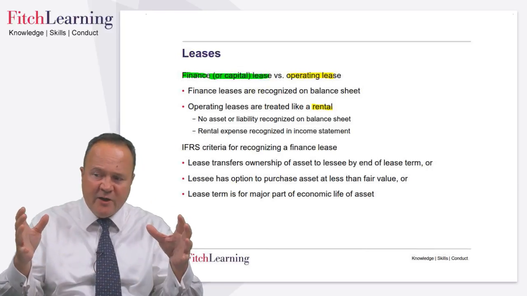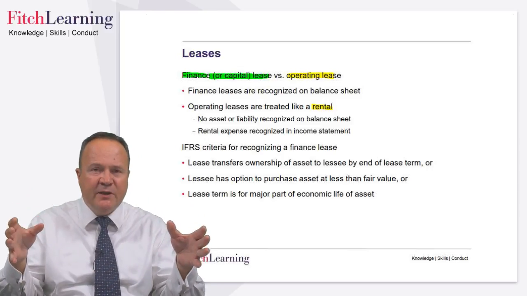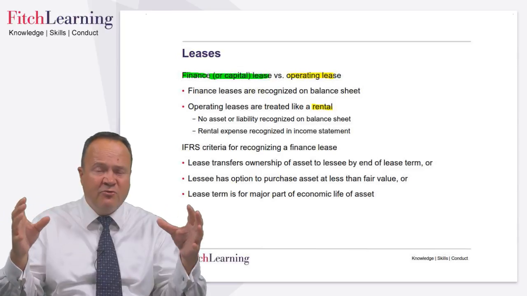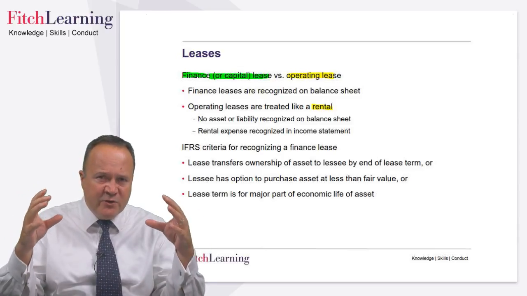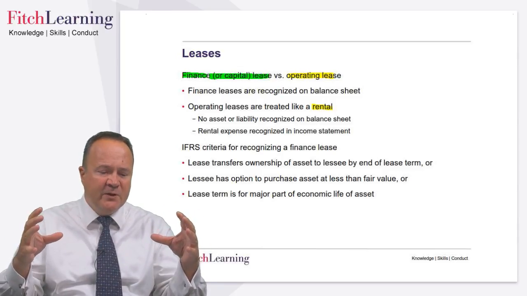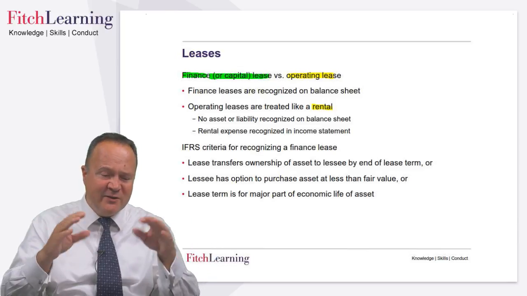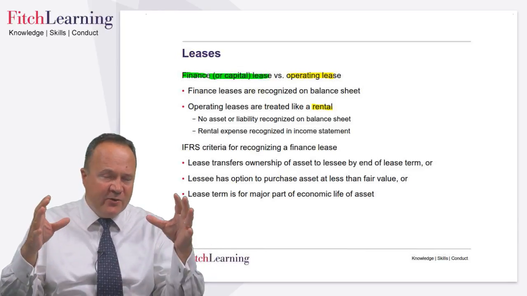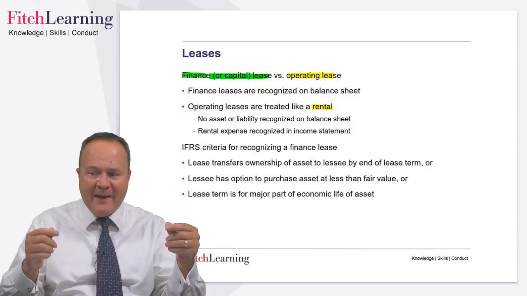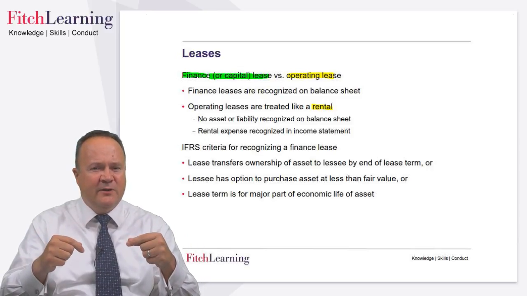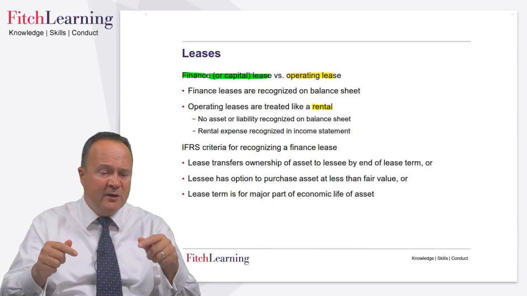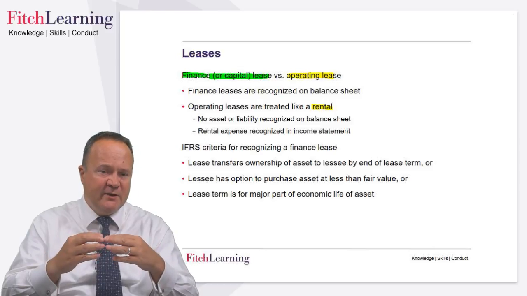So if I hire the same car for 7 years, I've pretty much controlled that asset for its useful economic life. So although I don't legally own it, and this has got nothing to do with legality, by the way, although I don't legally own the car, economically I do. And therefore I will put that car on my balance sheet as an asset.